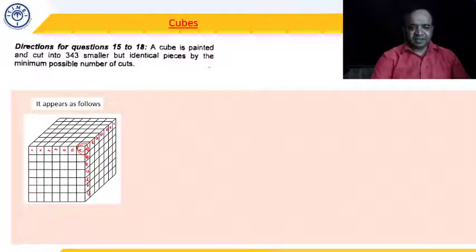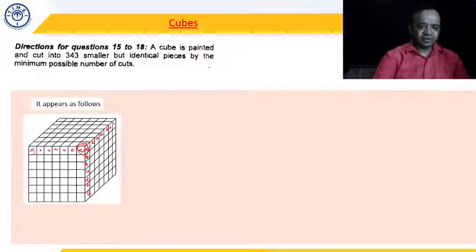You will see this piece has 3 exposed faces, that is 1, 2 and 3. It means if I take this piece, it will have 3 face painted. Fine. So can I say the 3 face painted pieces are lying at the vertices? Yes. So these 3 face painted pieces are lying at these vertices.